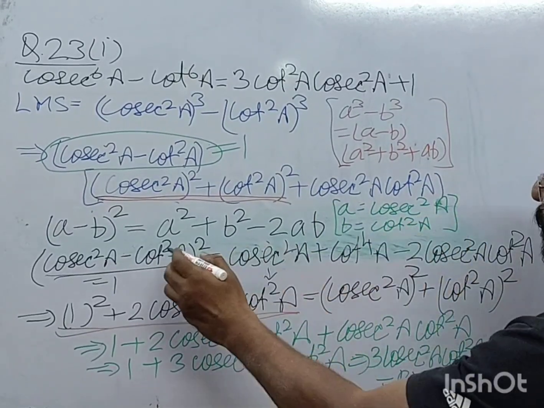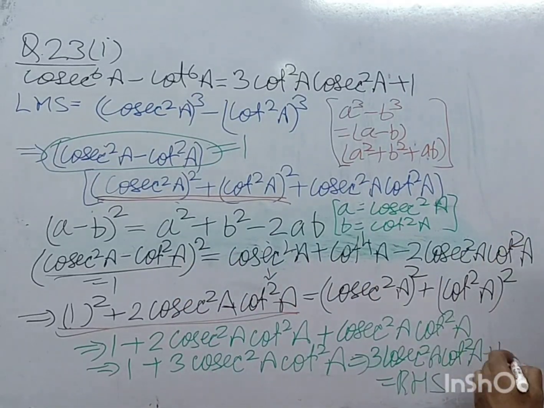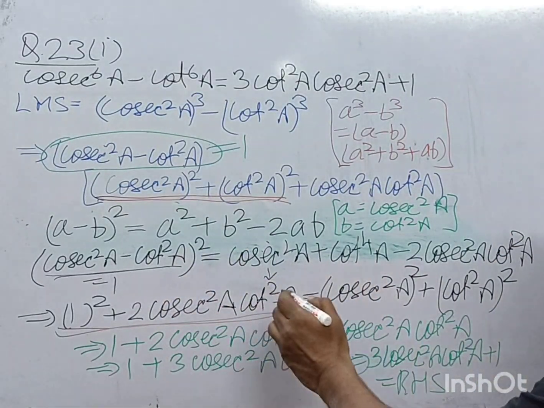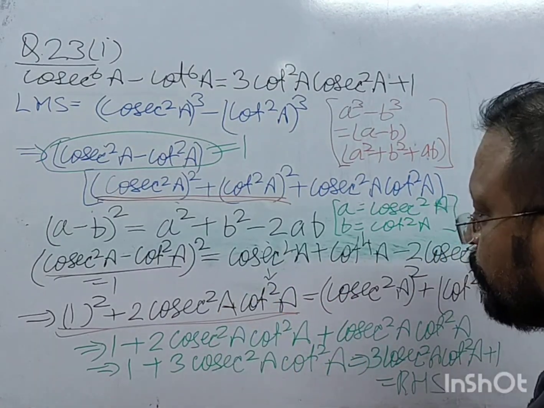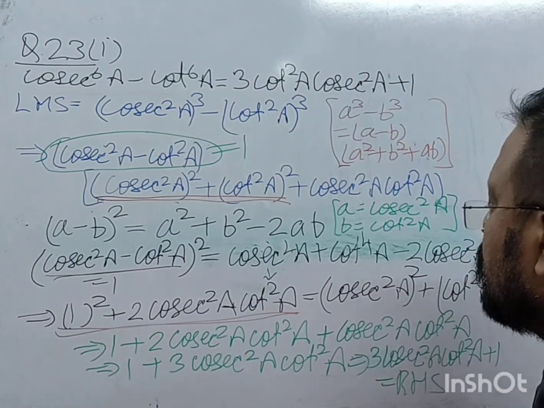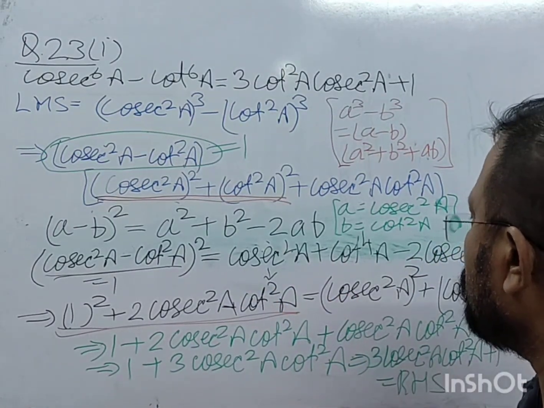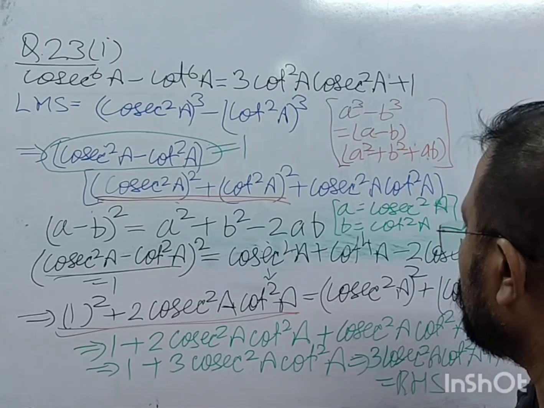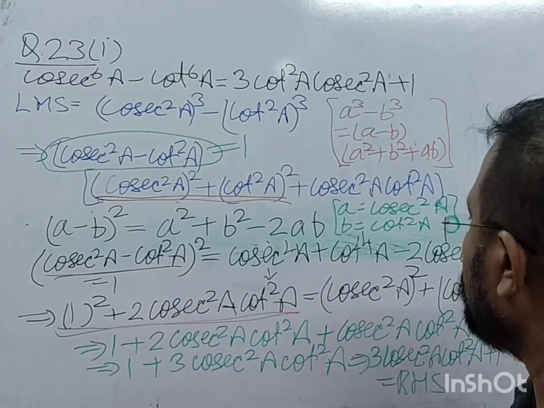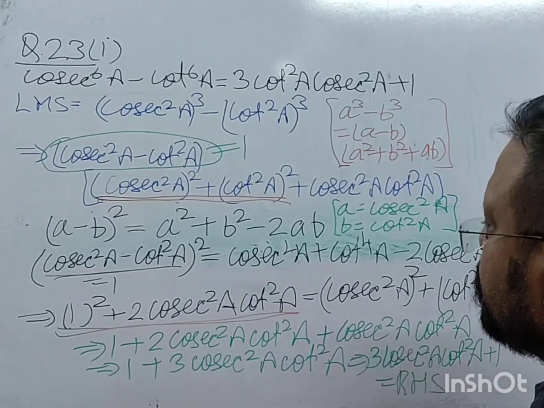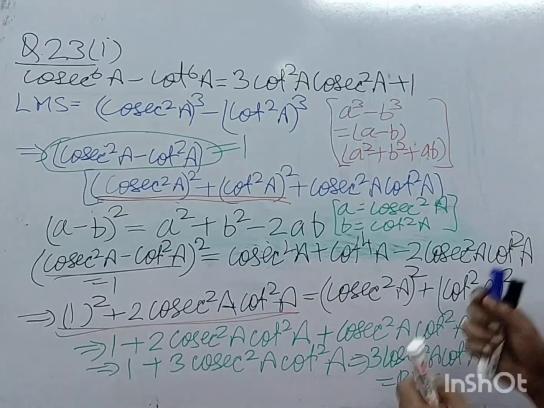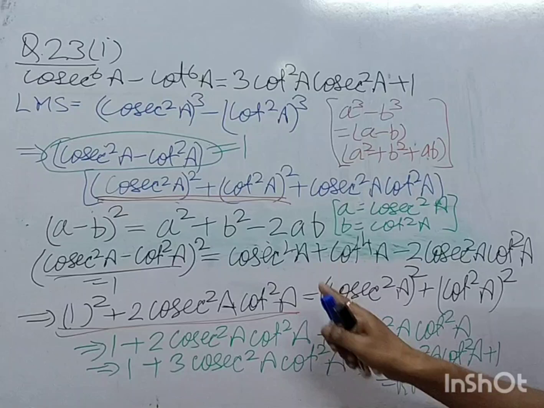And when we solve, put the values, then we get this much, and then we transferred. No, this is not like this. Oh my god, this is 4a.